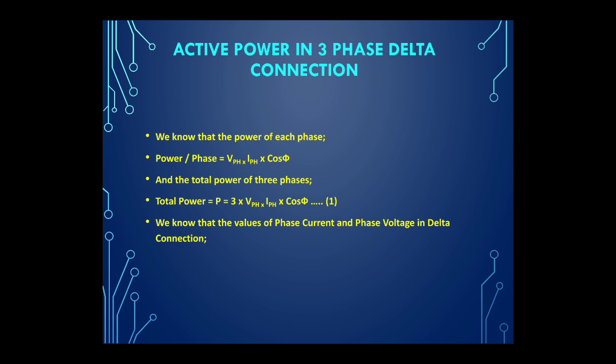We know the values of phase current and phase voltage in delta connection: phase current IPH equals line current by root 3, or IL equals root 3 I phase, and phase voltage equals line voltage.